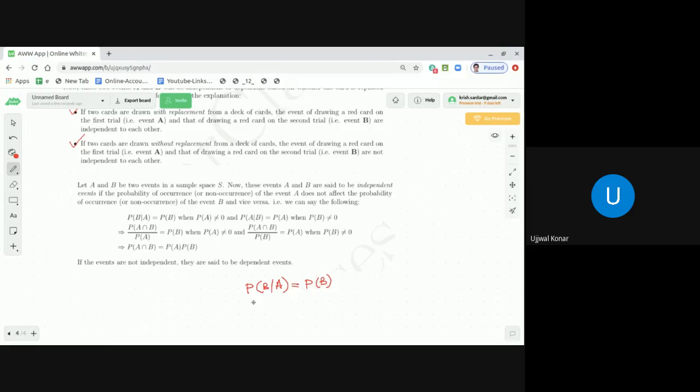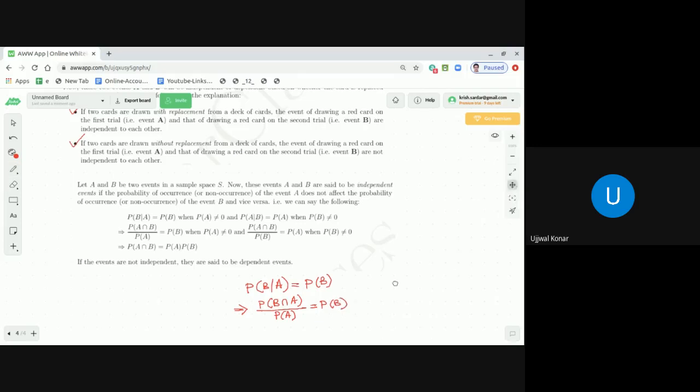So now, what is probability of B/A? That is nothing but probability of B intersection A divided by probability of A. That should be equal to probability of B. Correct, dear students? Okay.